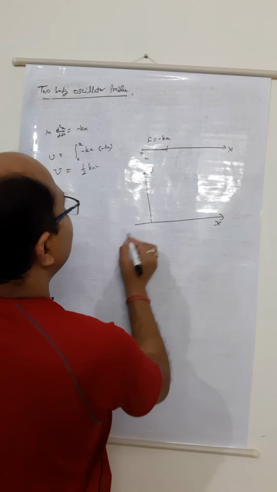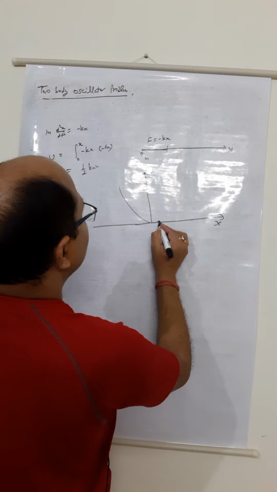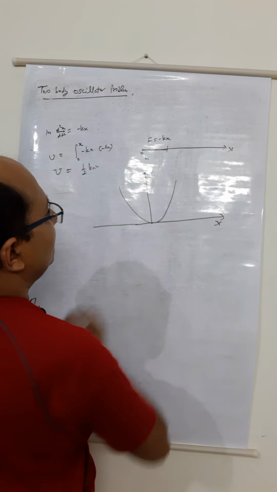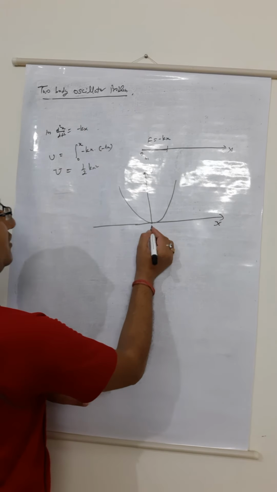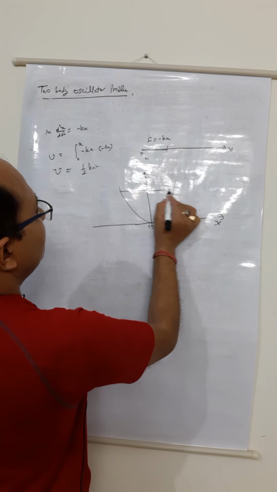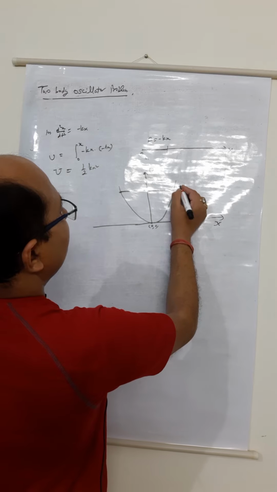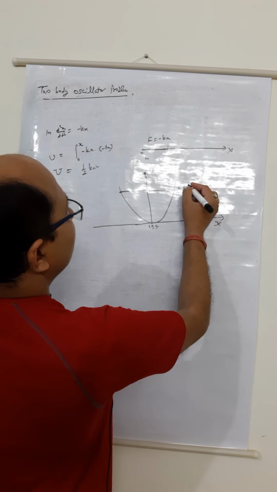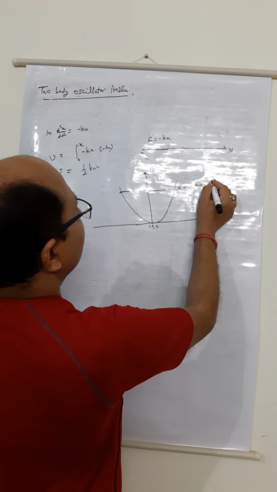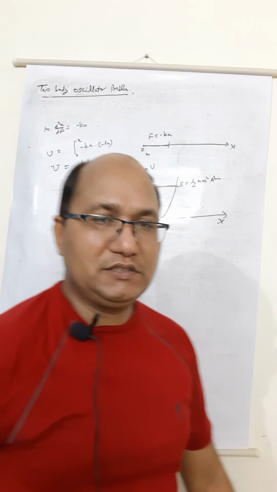You can represent U. So U comes out to be a parabola, this is the point 0 0, and this is the maximum energy, E equals 1 upon 2 m omega naught square A square. We have already discussed this.